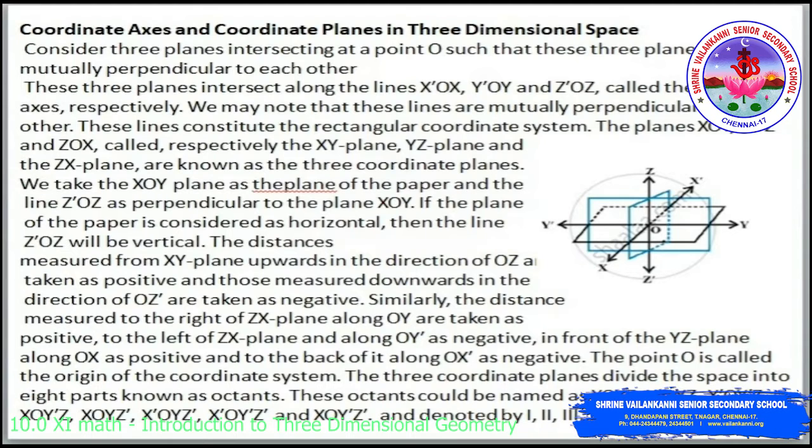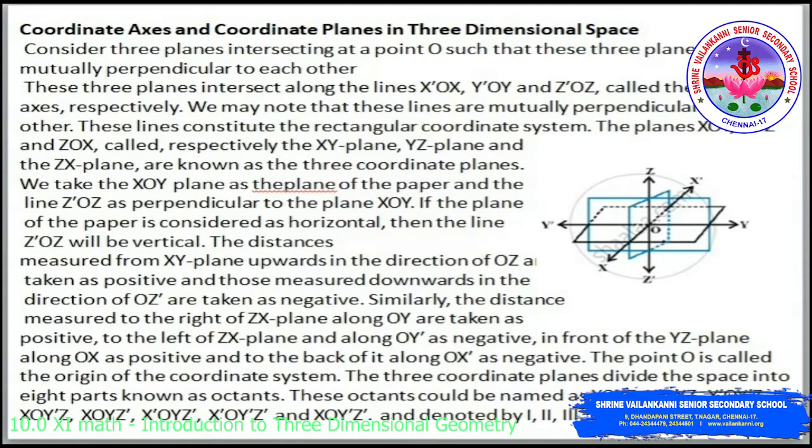The three coordinate planes divide the space into 8 parts known as octants. These octants could be named as XOYZ, which is the first octant, X'OYZ, which is the second octant.